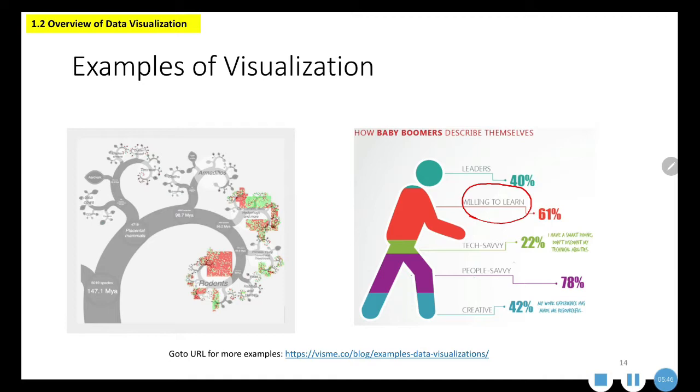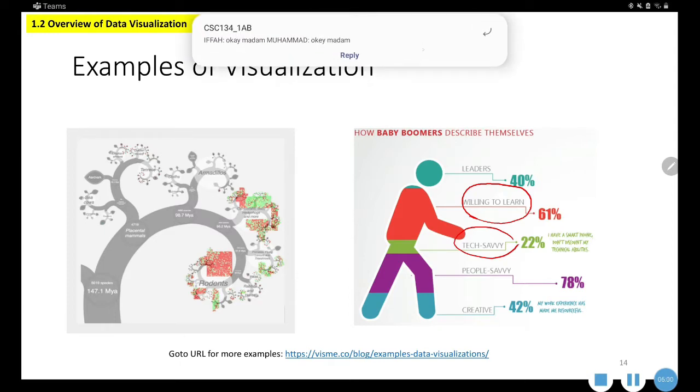But only a minor group of them, about 22%, said that they are technology savvy, meaning that I have a smartphone, but I don't discount my technical abilities, because this generation is now about the age of 70 to 80 plus.